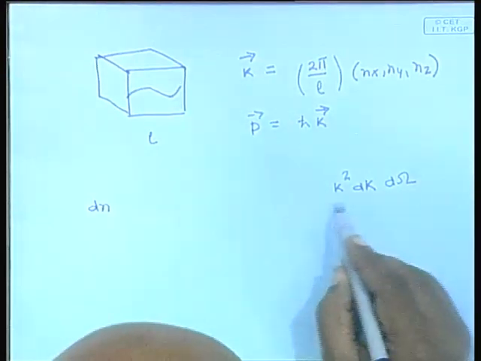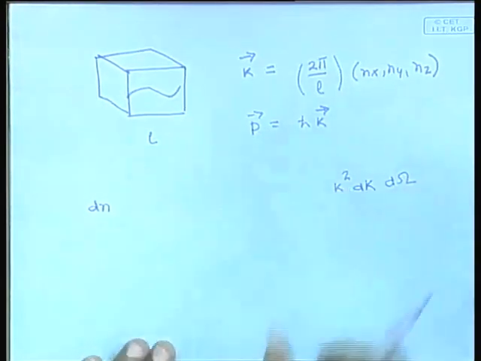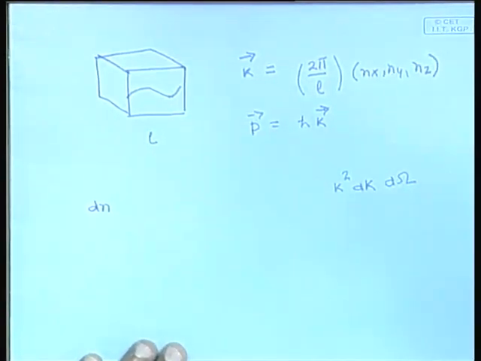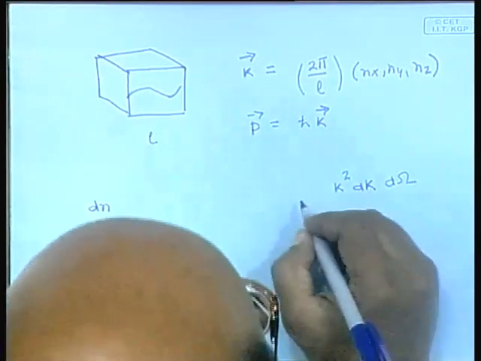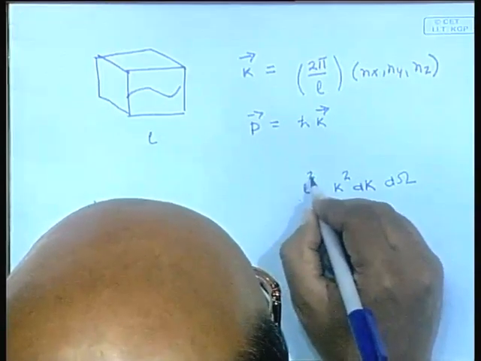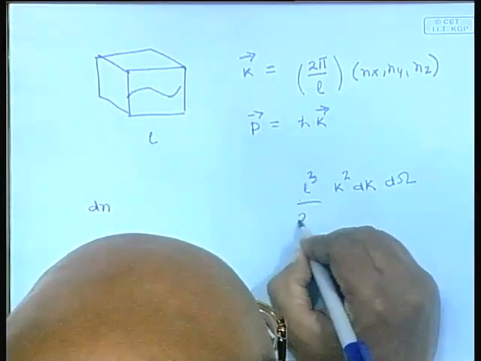Now, the number of modes corresponding to d cube k is this into L cube by 2 pi cube.